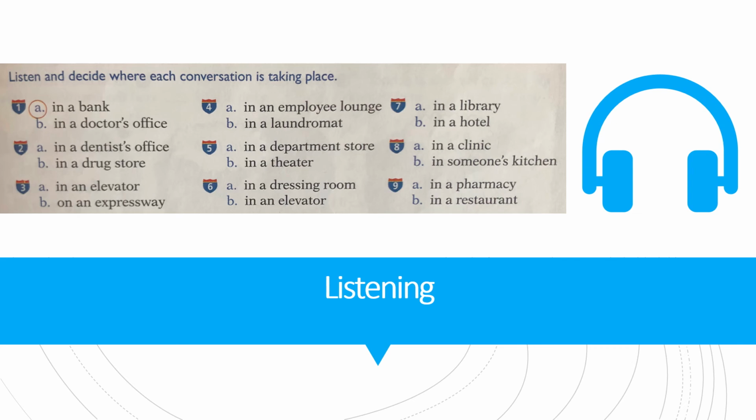4. I just lost 2 quarters. Which machine did you put your clothes in? A, in an employee lounge. B, in a laundromat. 5.